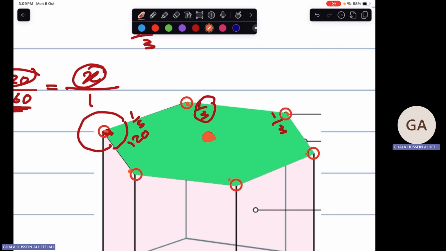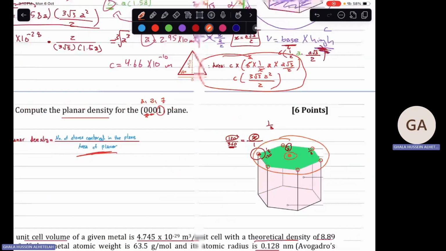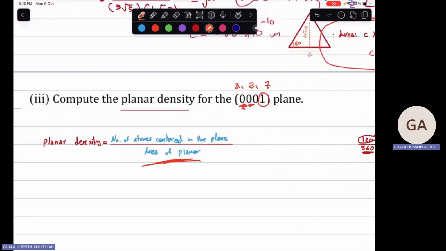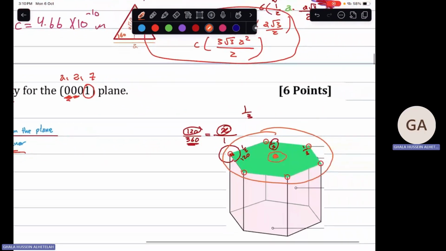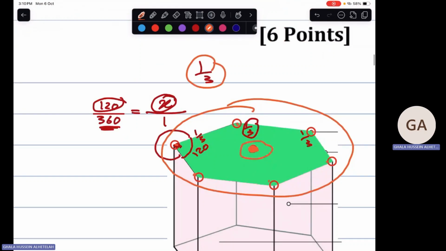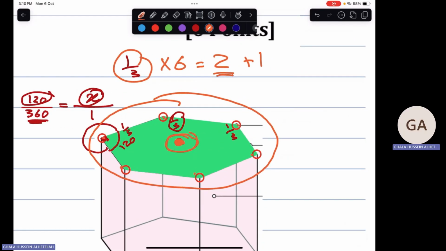So one atom in the corners and one atom in the center. Totally we have two atoms within this plane. Okay. No, basically no. We have a third multiplying by 6 atoms, which is 2 atoms, and also one atom in the center, which is 1. Then you will have 3 atoms.